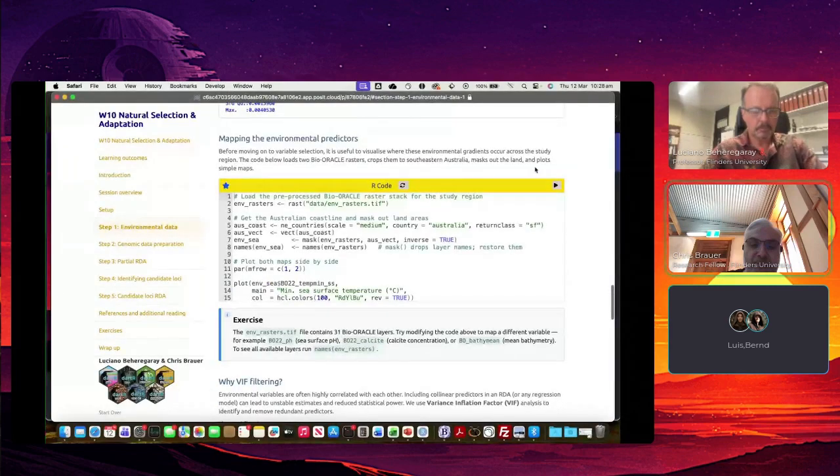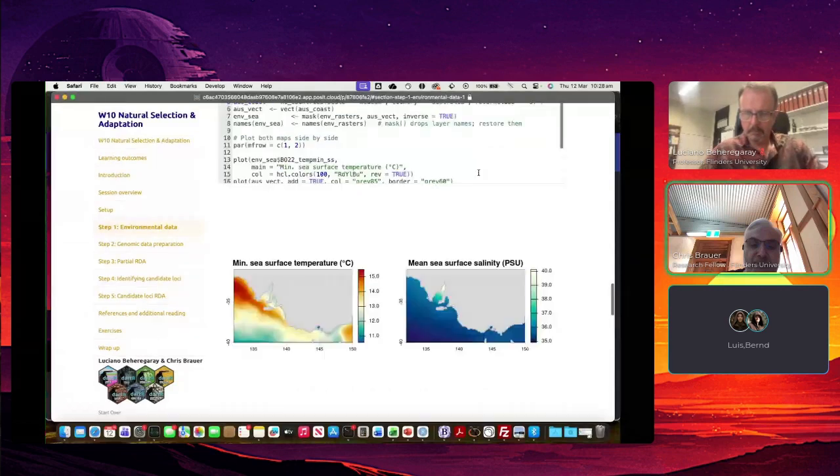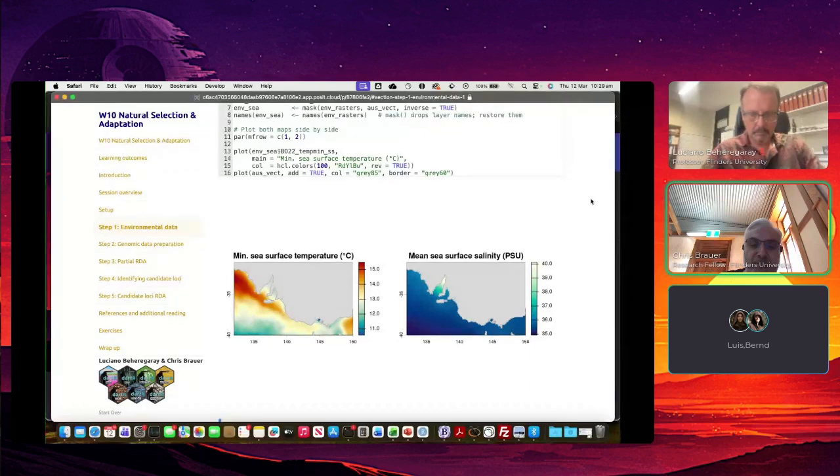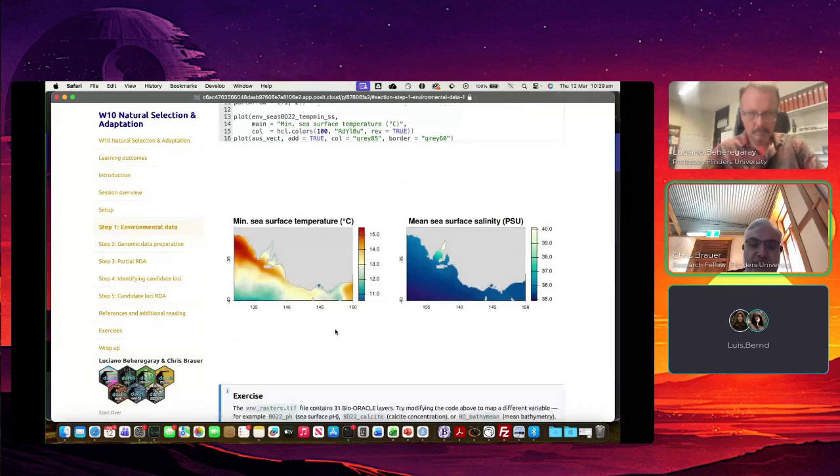If you're like me, you like to see maps and pictures and things. So the other thing that's nice to do, if you run the next one, hopefully, there we go, is to take those layers. I've just got a couple here, minimum sea surface temperature and mean sea surface salinity, and map those across your study system. So we can see that for temperature, we've got a pretty strong gradient of variation across the whole study system.